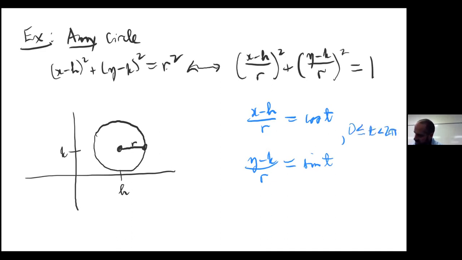Yeah, the same. So you shift everything and think of it as the unit circle, but then what is really happening? Let's rewrite this. What's x really equal to?